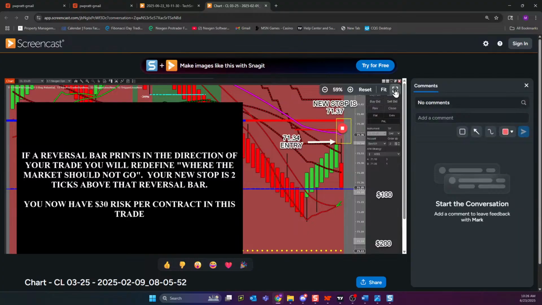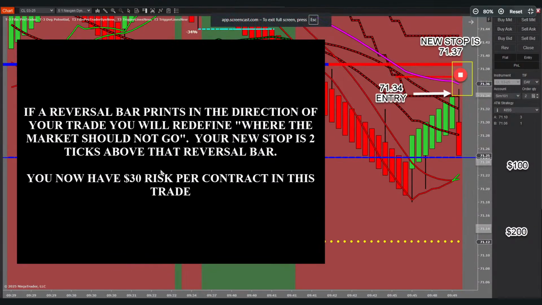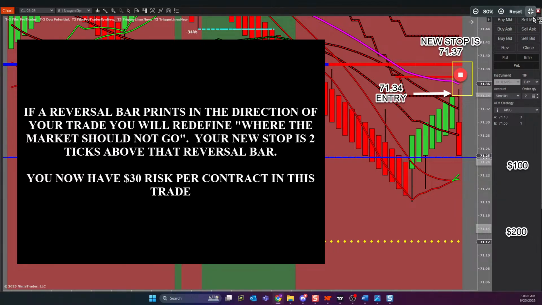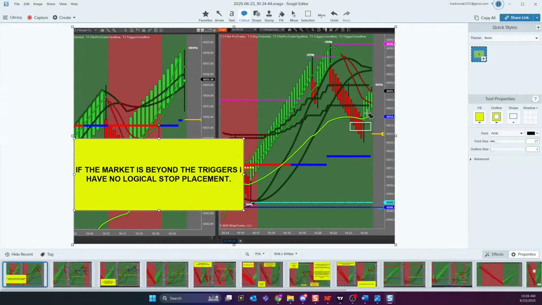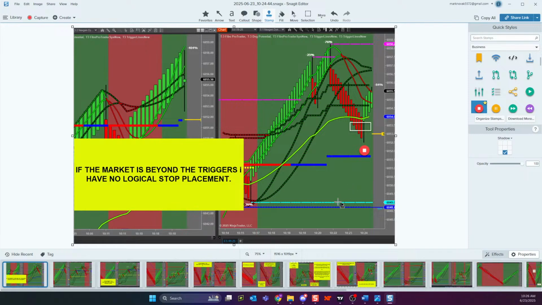we can't use the initial stop placement, but couldn't we say that with odds favorable momentum and a clear path, if I get a reversal bar from the area in the direction of the large chart advantages, I could put a stop 2 ticks behind it. So if I get a reversal bar from an area, not a high probability trend trade entry, I can use that for stop placement because I can't use 4 to 5 ticks beyond the triggers.